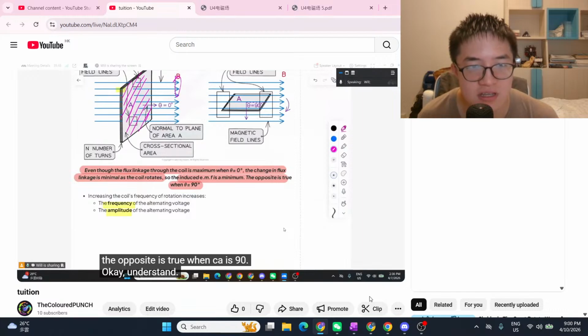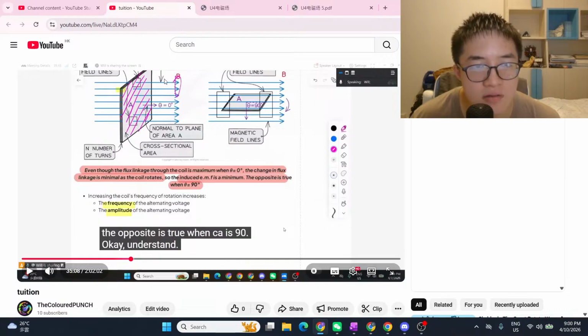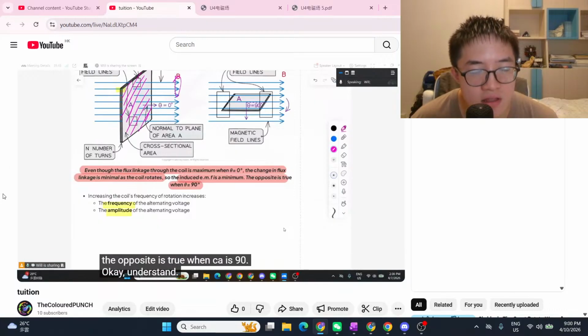Why is the flux linkage through the coil maximum? So what he was saying when he was coloring the area was that the flux linkage through the coil is maximum.